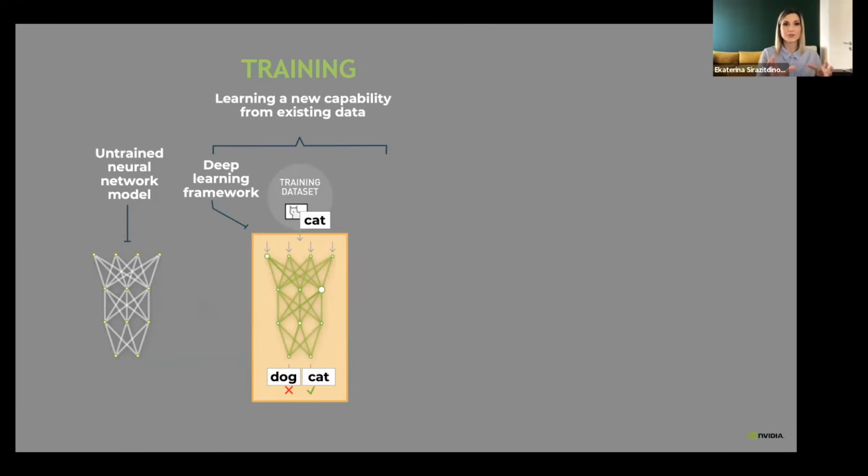The training stage means going through this data set and extracting some specific patterns and storing them within this network in the form of the so-called weights. So by showing multiple examples and extracting these specific patterns, we have a neural network with the newly learned capability to recognize data.